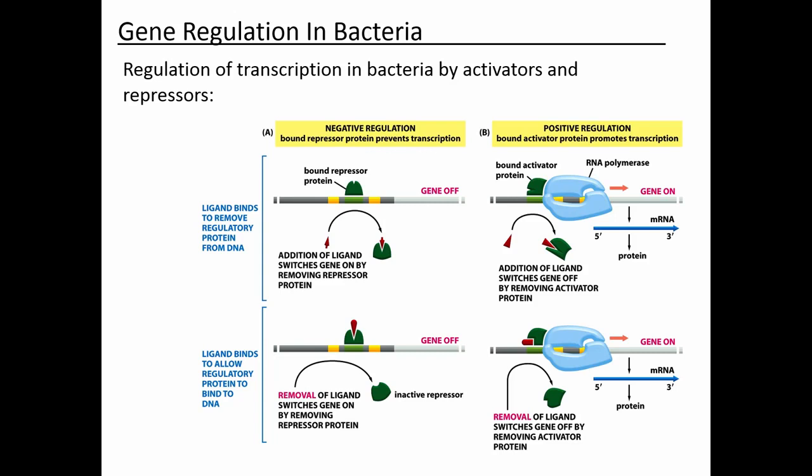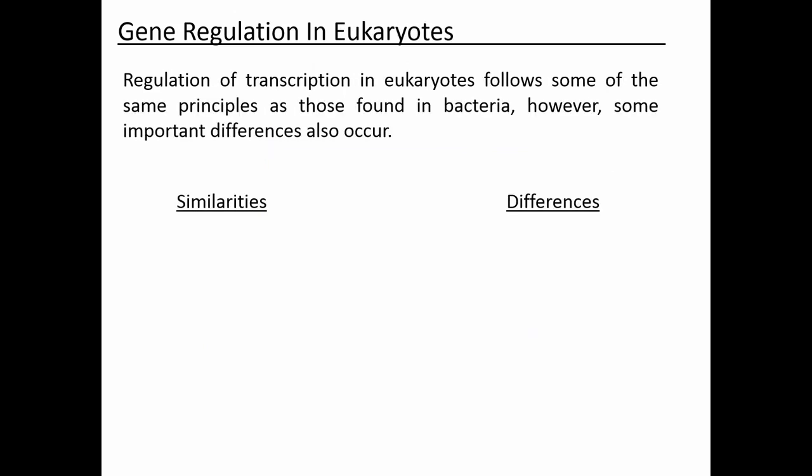Okay, and then when we study eukaryotic gene regulation, activators and repressors are also involved in that, in us and other eukaryotic organisms. So regulation of transcription in eukaryotes follows some of the same principles as those found in bacteria. However, some important differences also occur. In terms of similarities that you should know for this class, you're also going to have segments of DNA that control the expression of genes.